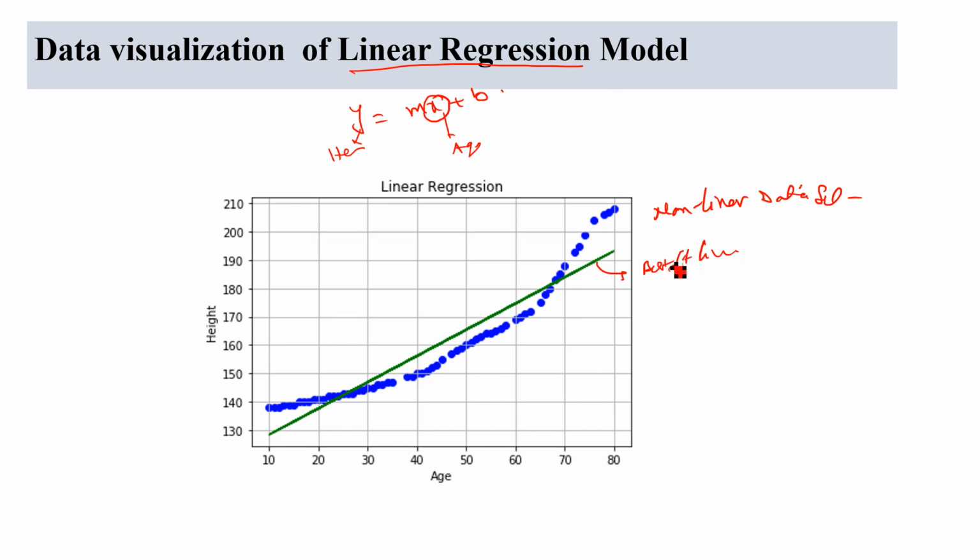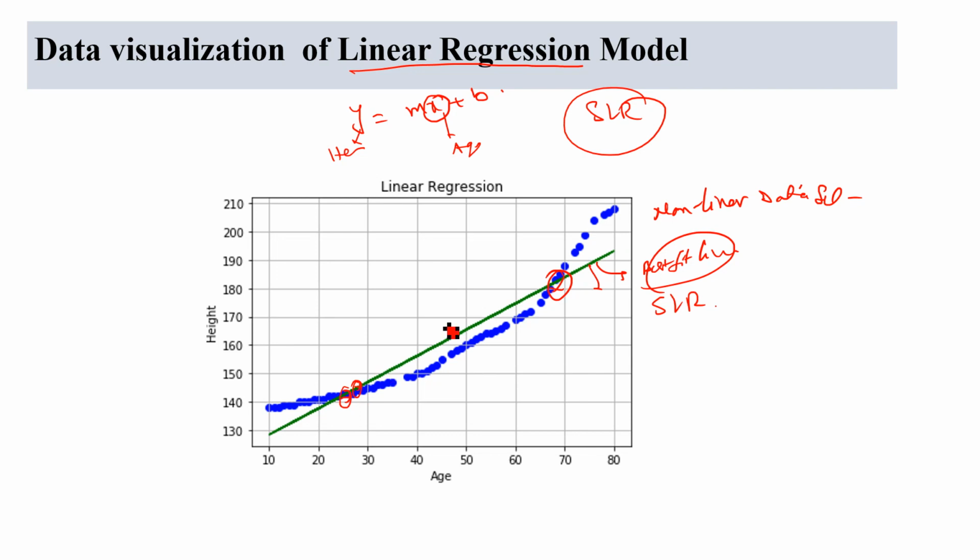In my previous lectures I already discussed the simple linear regression concept, so I am not going into detail about it here. Our main point is what happens if you apply the linear regression model on nonlinear data. The best fit line given by the simple linear regression passes through only some of the data points.